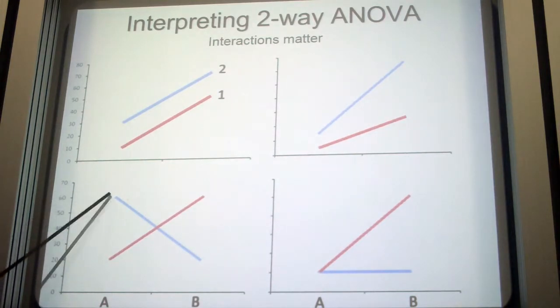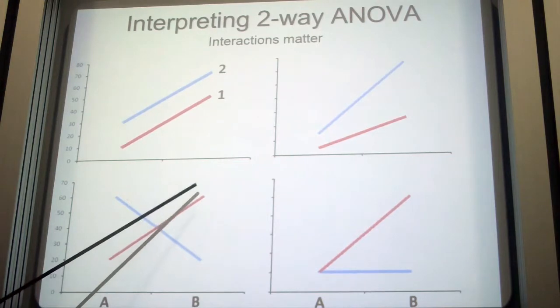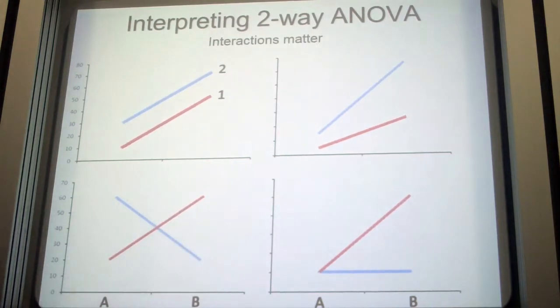It's just that here, the blue is higher than the red, and here the red is higher than the blue. So we can't and shouldn't conclude that there are no main effects. There is an impact of changing from A to B. It just doesn't show up in the main effect, but it does in the interaction term.